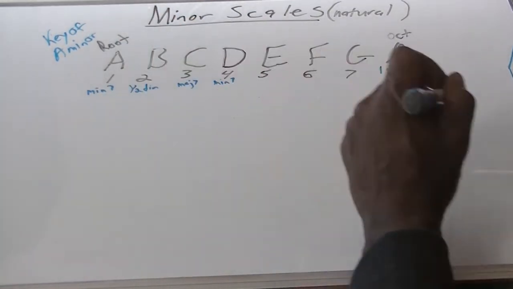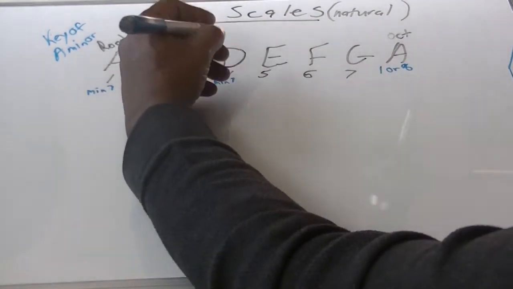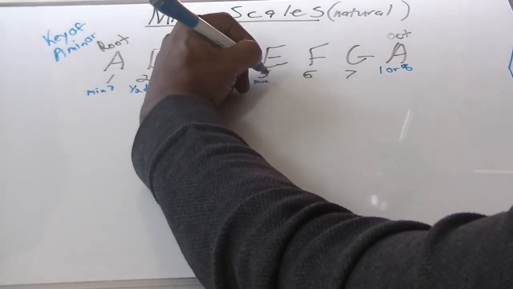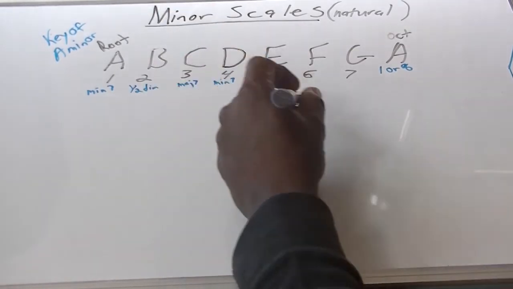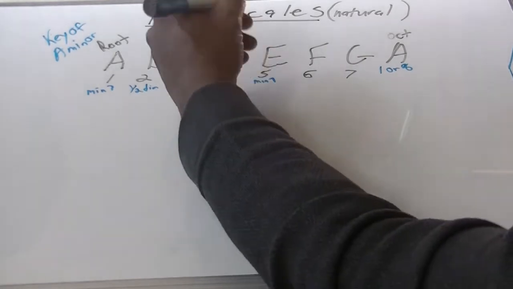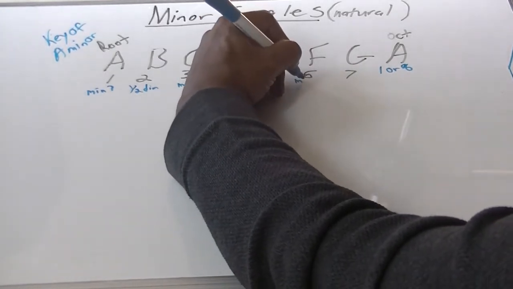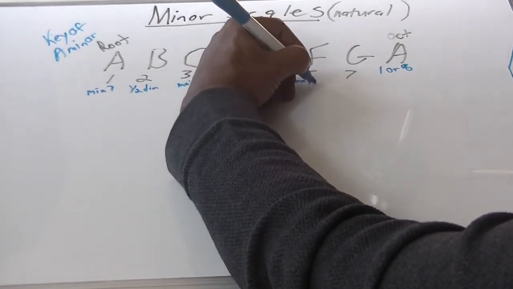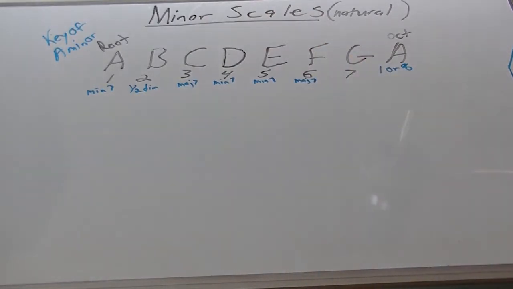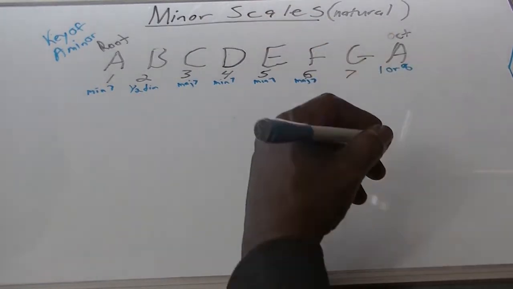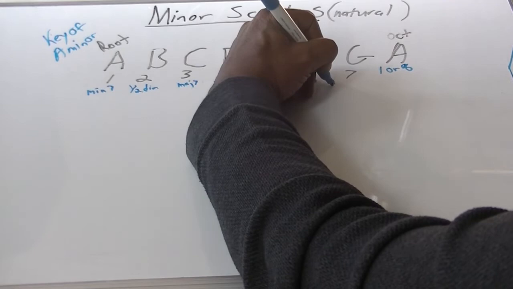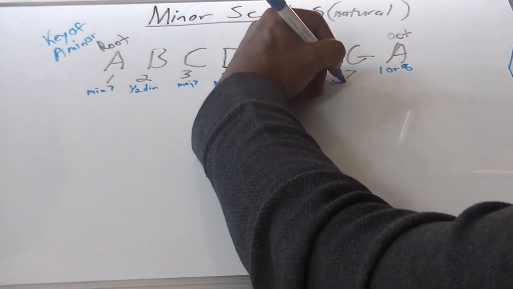The chord associated with the 5 will be a minor 7th chord. The chord associated with 6 will be a major 7th chord. And finally, the chord that is associated with the 7th note of the scale will be a dominant 7th chord.